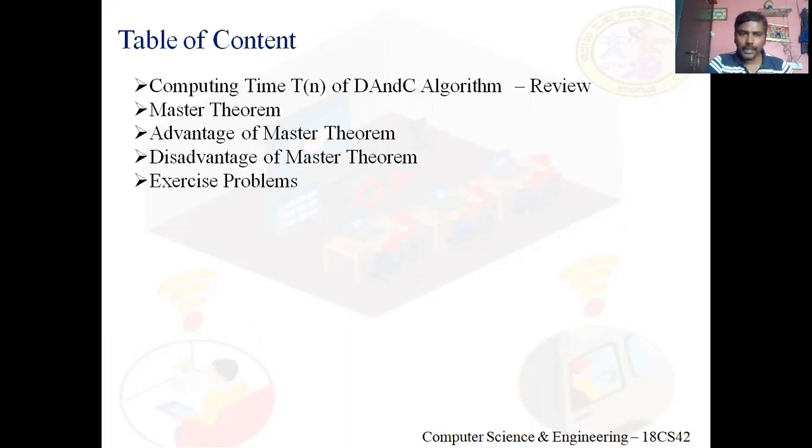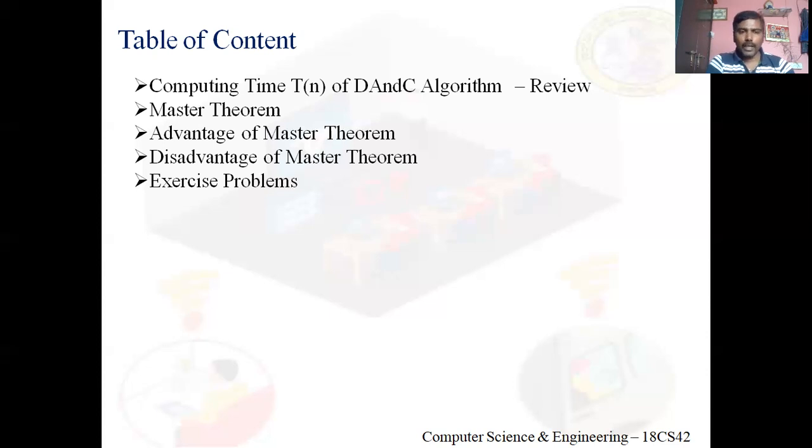After solving it, you will get an exact count for the basic operation. Then you see to what efficiency class that basic operation count belongs, and represent the asymptotic order of growth for that particular algorithm.